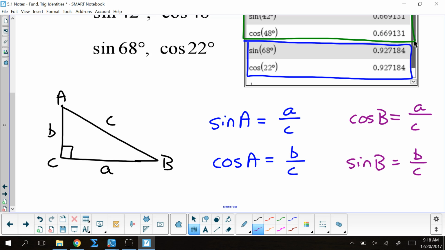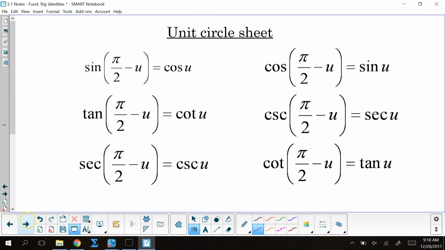The reason that we did that little exploration is because of properties numbers 12 through 17, the complementary properties. The sine of an angle's complement is the cosine of the angle.